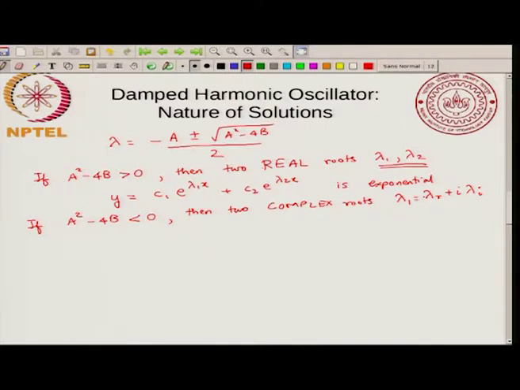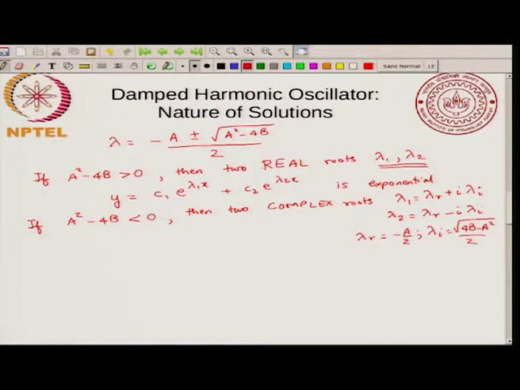Lambda real is basically minus a by 2. Similarly lambda 2 will be lambda real minus i times lambda imaginary. To emphasize again, lambda real is equal to minus a by 2 and lambda imaginary is equal to the square root of 4b minus a square, divided by 2.